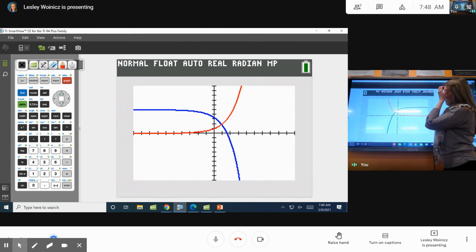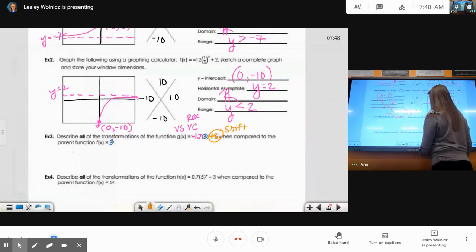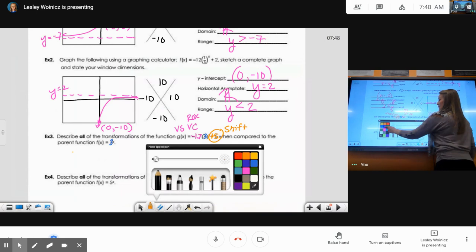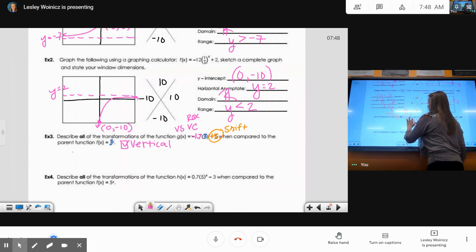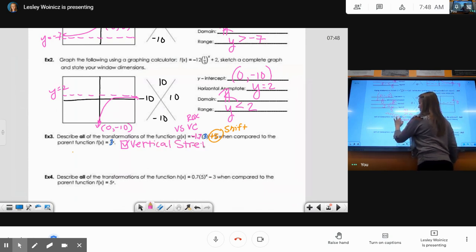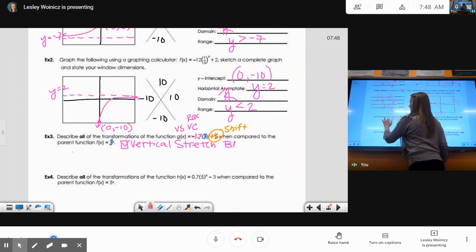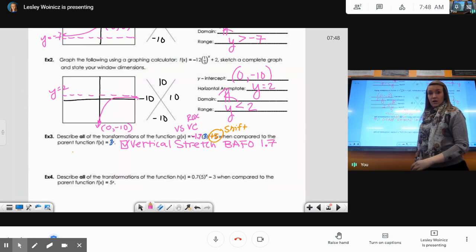So you can see that we've been vertically stretched a little bit. We've been reflected in the x-axis, and we've been shifted up 5 units. And so that's what we're going to write on our papers. So our a value gave us a vertical stretch by a factor of 1.7. 1.7 is bigger than 1, so it's a stretch, not a compression.